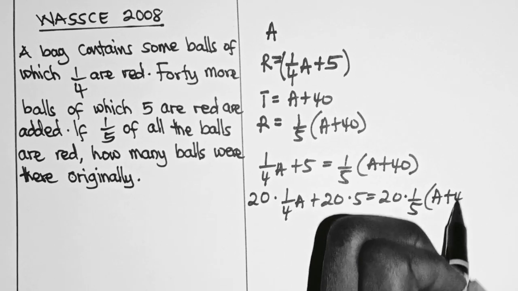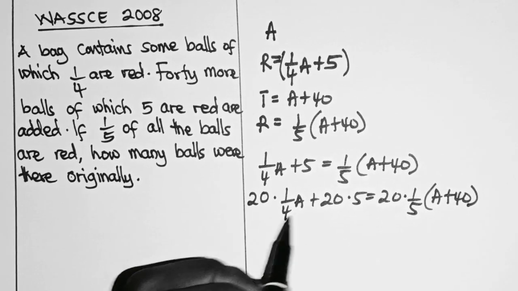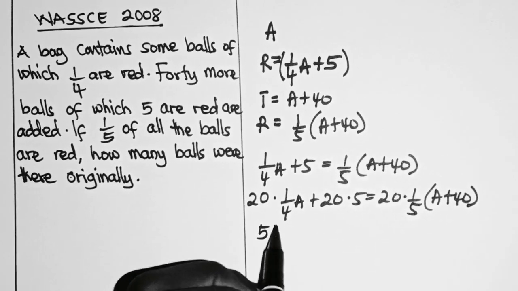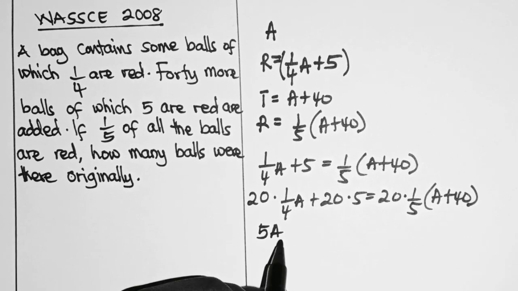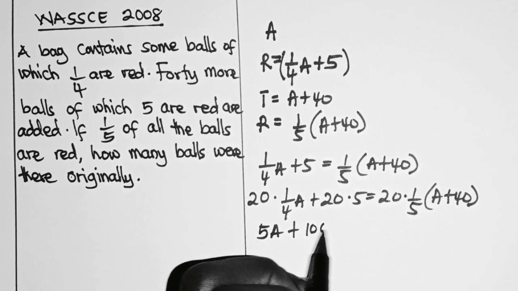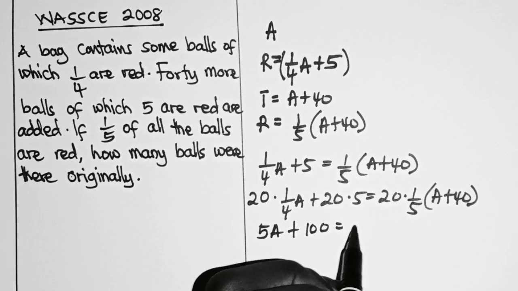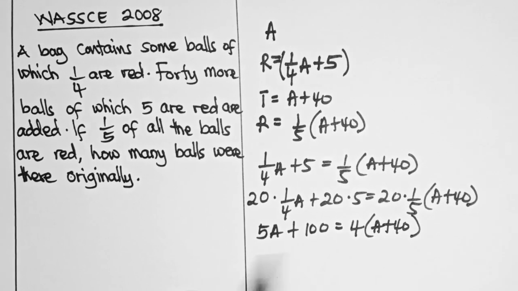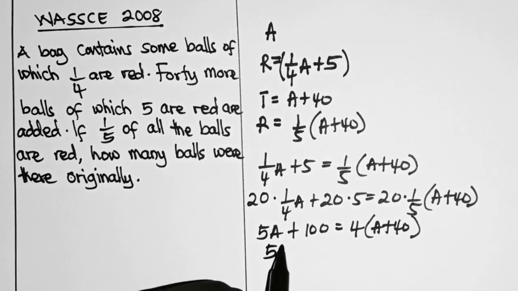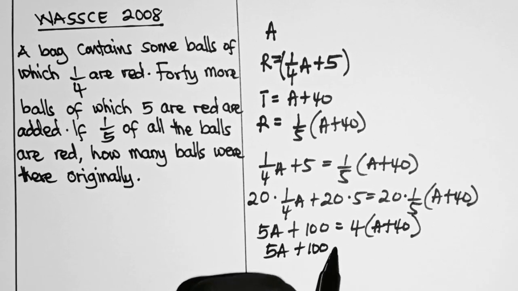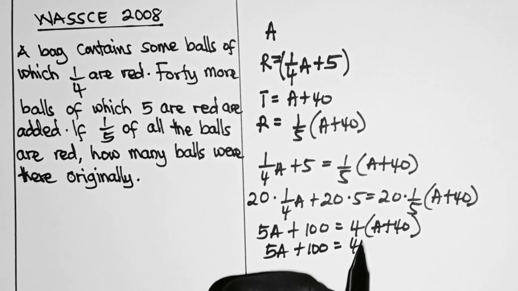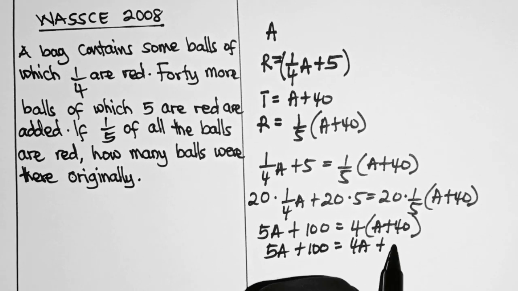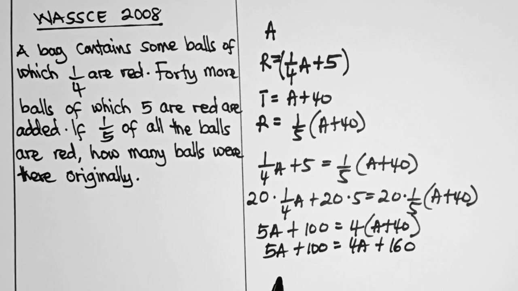A plus 40. So 20 divided by 4 is 5, so here becomes 5A. Then 20 times 5 is 100, so plus 100 equals 20 divided by 5 is 4 times A plus 40. So here becomes 5A plus 100 equals 4 times A is 4A plus 4 times 40 is 160.